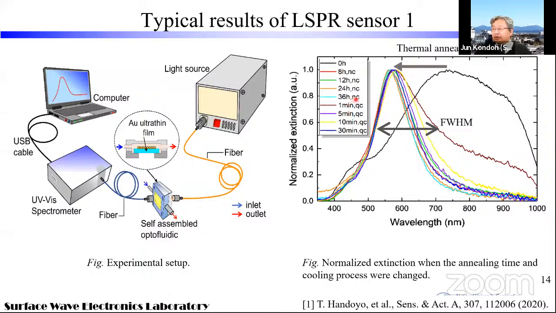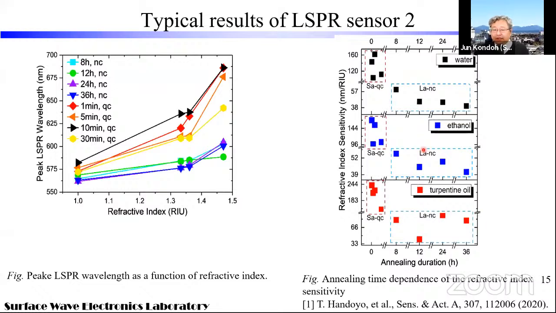And the result for the long-time annealing and short-time annealing is almost the same. And we also measured the change of the peak wavelengths using the ethanol solution. These results are from the long-time annealing and natural cooling, and these results are from the short-time annealing and quenching.